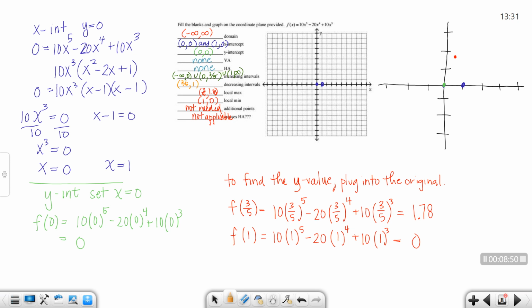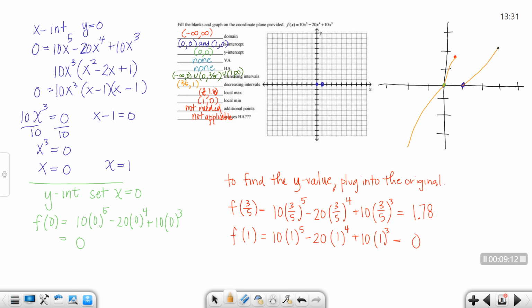I know I'm increasing all the way to 0. So that means it's going to be coming somewhere like this, and it's going to come to 0. I'm increasing there. It says I'm also increasing from 0 to 3/5. So I keep on going here. It says I'm also increasing from 1 to infinity. Well, 1 is on the blue point.